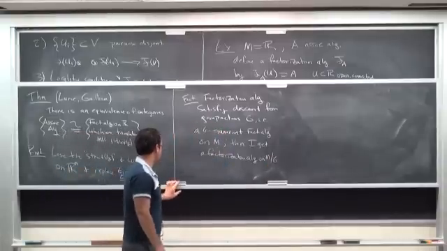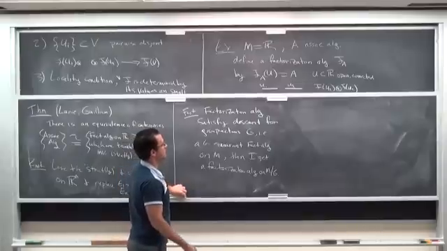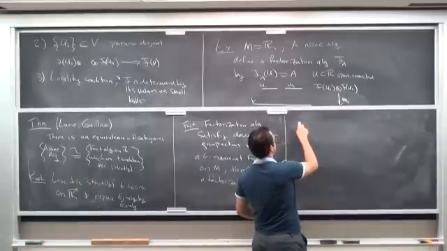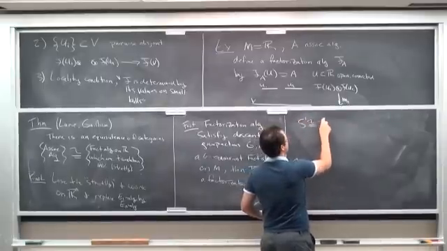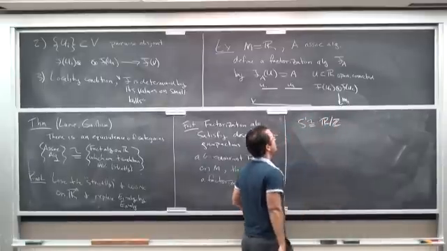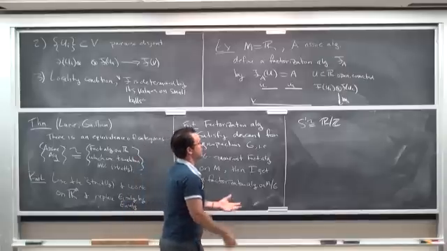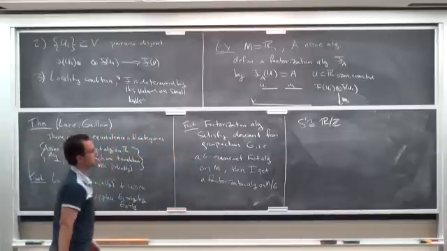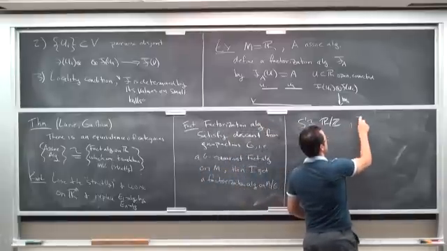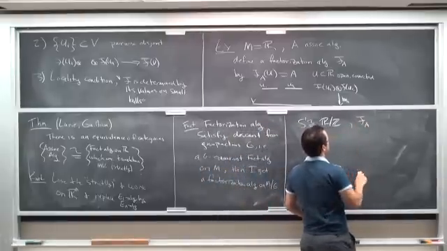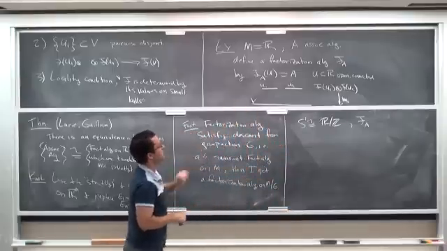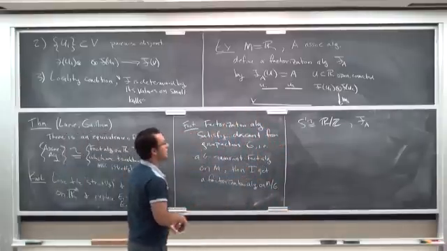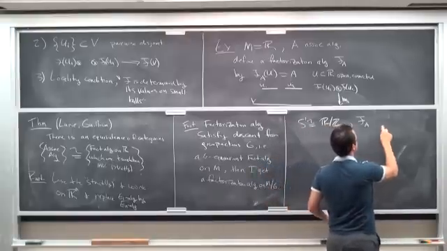And one particular example of this is, suppose that we identify S1 with R mod Z, and suppose that I have a factorization algebra on R. In particular, this FA that I constructed here from an associative algebra is a Z equivariant factorization algebra on R. And so it descends to one on S1.